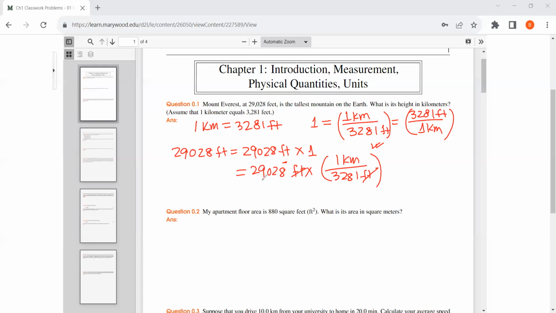So if we divide 29,028 by 3,281, doing this math in the calculator, I get 8.847 kilometers, although here I didn't take care of the significant figures. All right, let's move on.